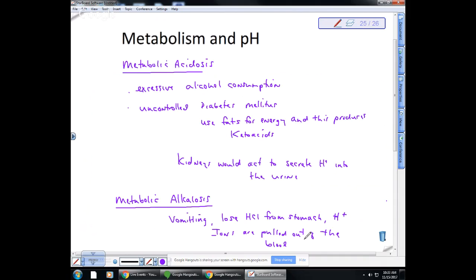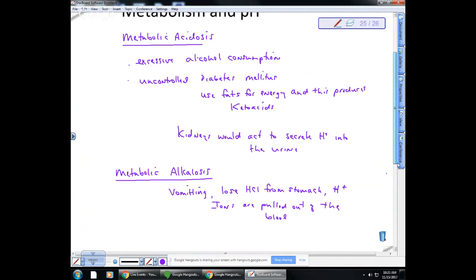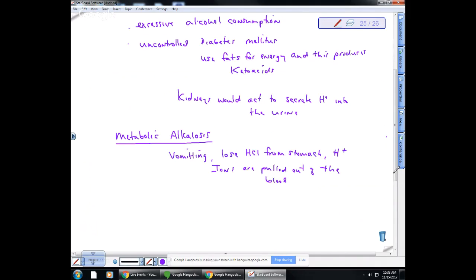And our kidneys have a mechanism for this. Instead of secreting hydrogen ions, the kidneys will reabsorb those hydrogen ions from the nephron filtrates. So they'll take it out of the filtrate that is going to eventually become the urine, and they're going to reabsorb it, and it's going to go back into the blood.